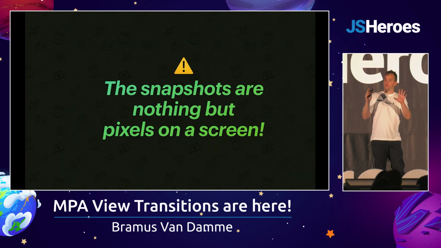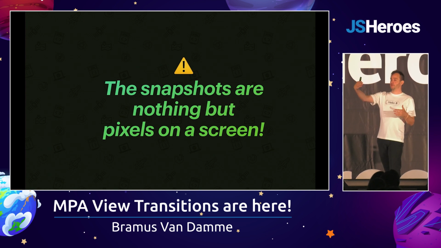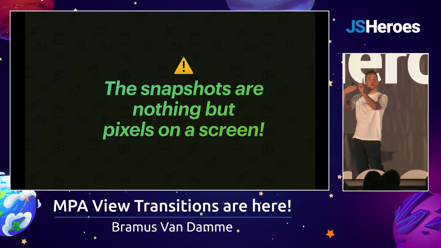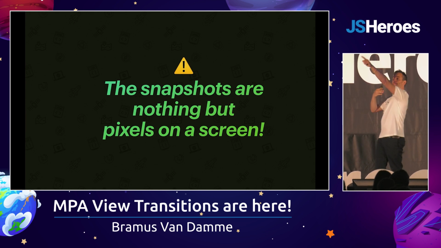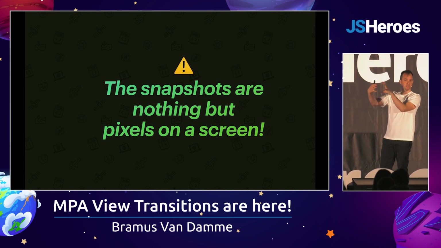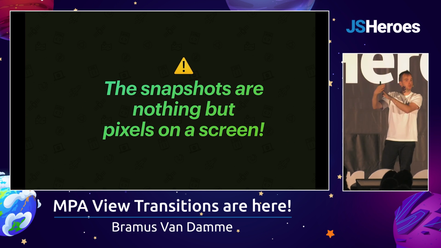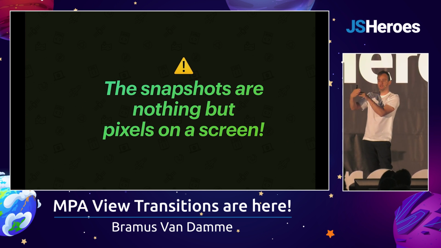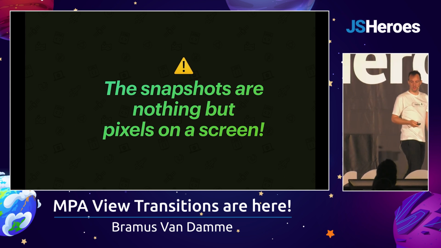Do note that the snapshots are nothing but pixels on the screen. Think of it as looking through your phone. If you look through your phone at a building and you want to take a photo of the building, the real building is way over there, but on your screen you only see a pixel representation of that building. So if you say to your picture, make the roof red, that won't work because it's only a photo. If you want to change the color of the roof, well, you have to go to the building and actually paint the roof in a different color.